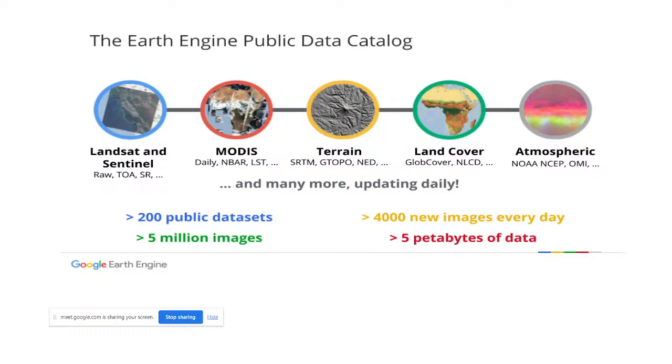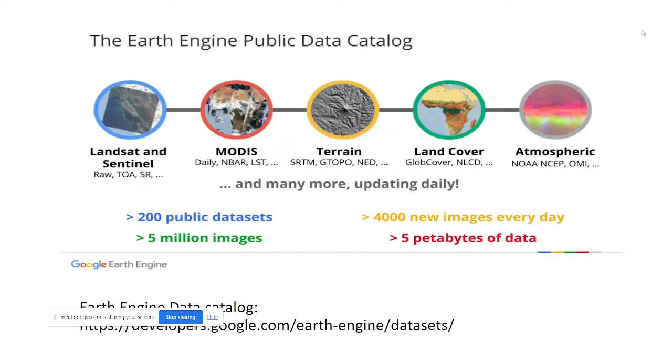We can easily access Landsat, Sentinel, MODIS, land cover datasets, and atmospheric datasets, and these datasets are updated daily. In the Earth Engine public data catalog, we can find more than 200 public datasets, more than 5 million images, and more than 4,000 new images every single day, and we can access 5 petabytes of data.